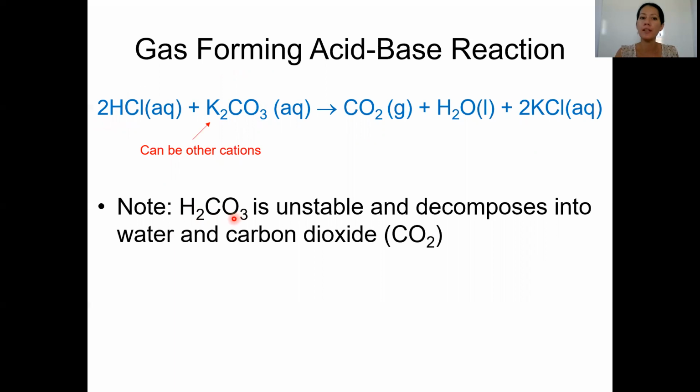But if you did the inside-outside method, you would have come up with this. But this is very unstable. This is carbonic acid. This will decompose into water. Look here, H2 and one of these O's, and what's left over? CO2, carbon dioxide. So this is a useful reaction. You see bubbling.